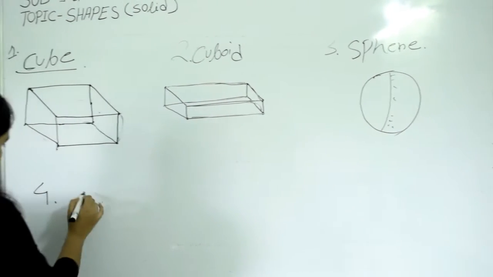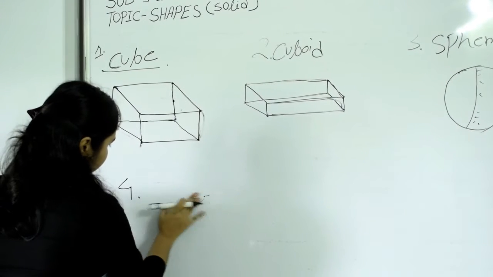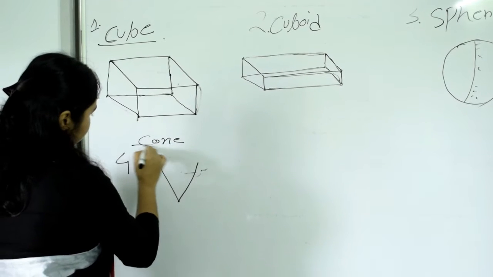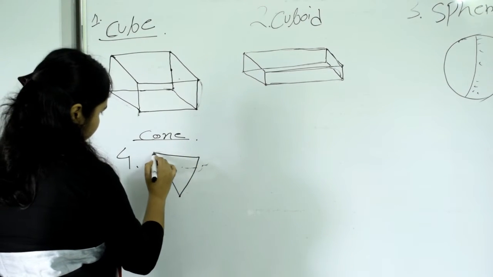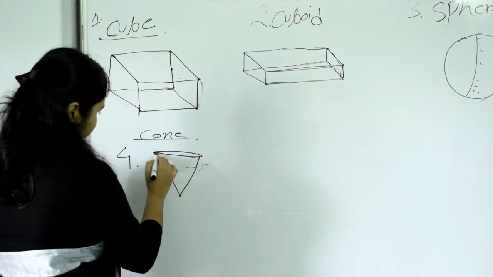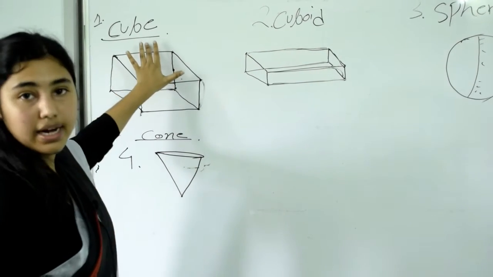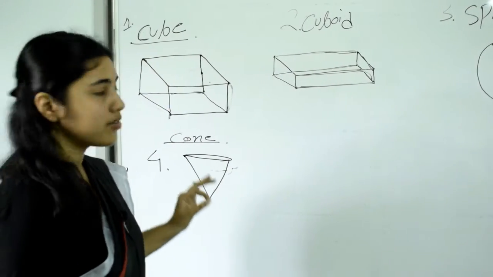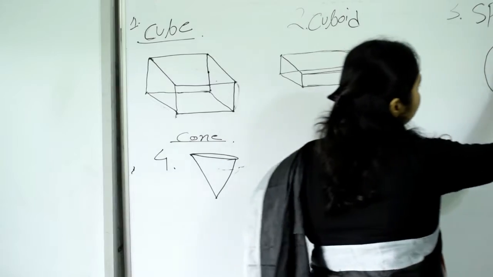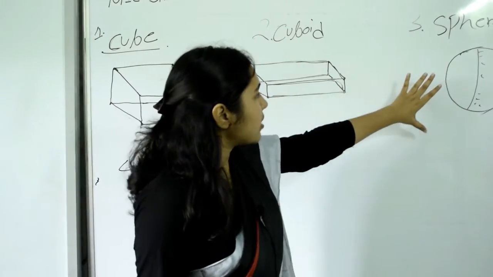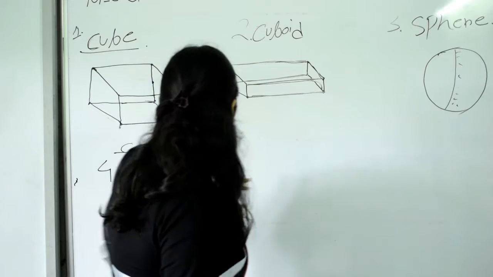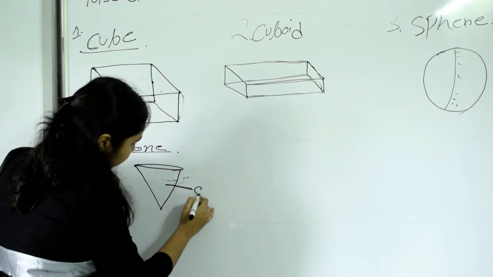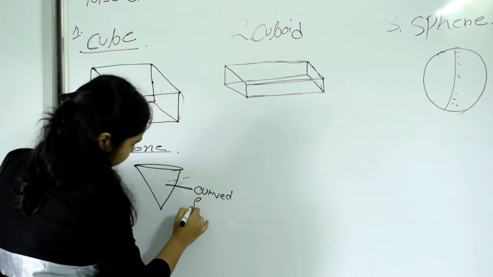Okay, next cone. Now here in case of a cube all the faces are flat faces. Okay, but in case of a sphere the surface is a curved face, and in case of a cone this is a curved face.